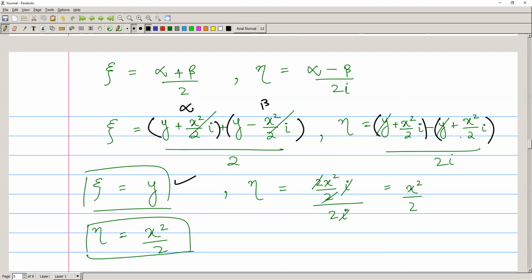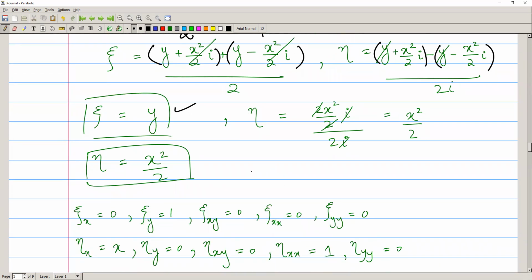We are left with x squared over 2i minus, here it's minus, let me correct it, minus negative x squared over 2i. Negative and negative become positive, and it will be 2x squared iota over 2. The 2 and 2 cancel out, the i and i cancel out, so you are left with x squared over 2. So eta is x squared over 2.